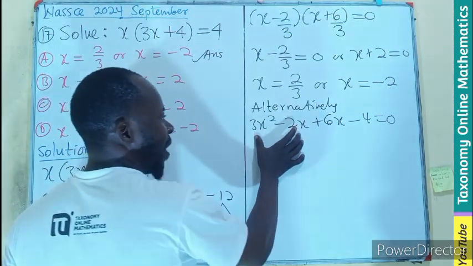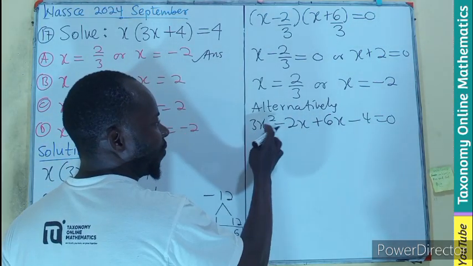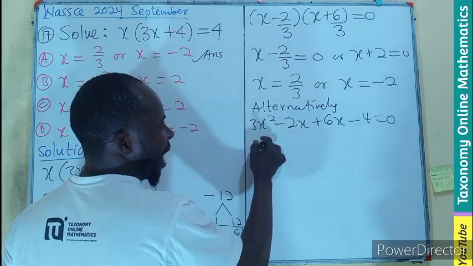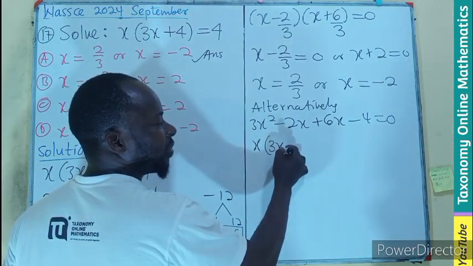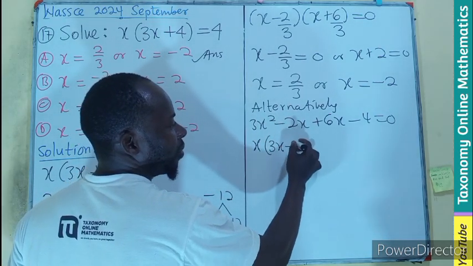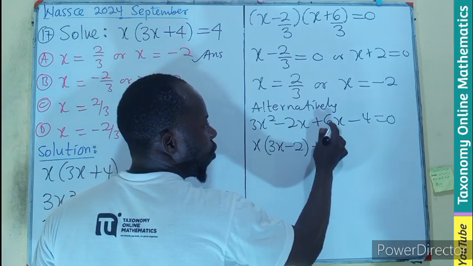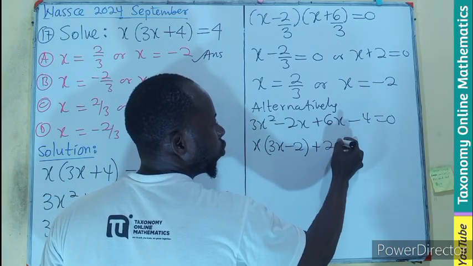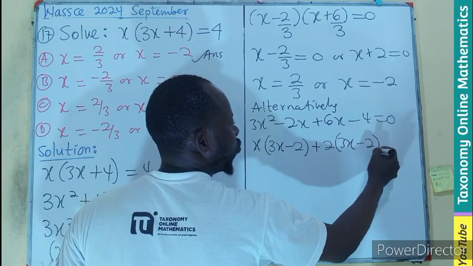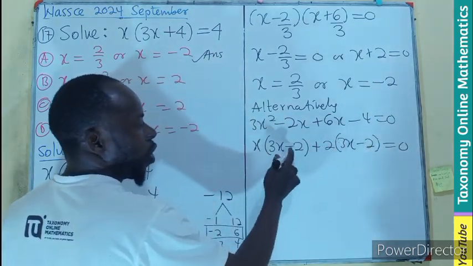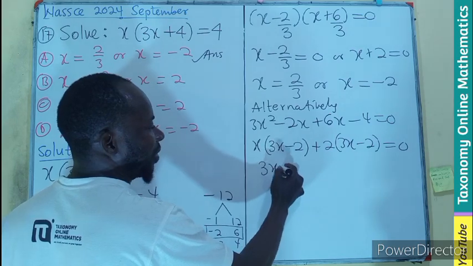So we group them, the first two and the last two. The common factor between these will be x. When x divides this, you'll be left with 3x. x divides this, minus 2. The common factor will be 2. Dividing this, 3x. Dividing this, 2. So we get 0. The common factor is the term in the bracket.